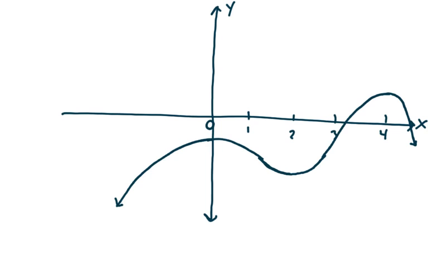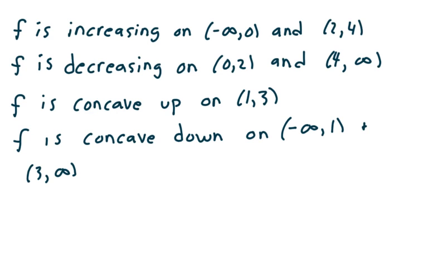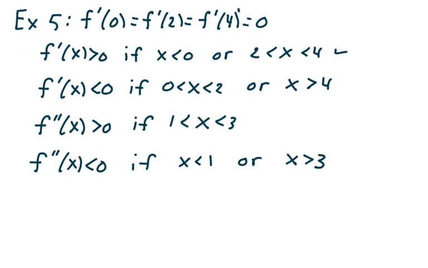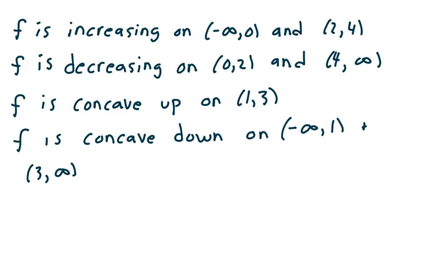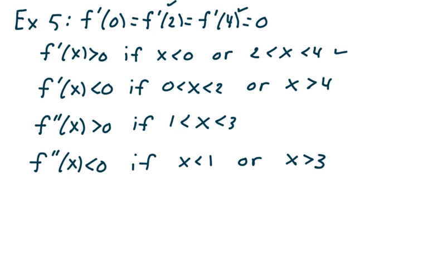Now, I want you to notice something. If you look at here, notice how the slope of the tangent line is 0. So I notice that f prime of 4 is 0. That's good. So we're going to check our conditions now. The slope of the tangent line at x equals 2 is also 0. So that's good.